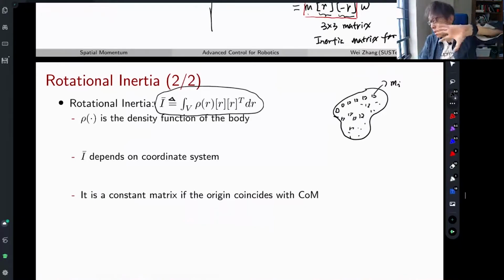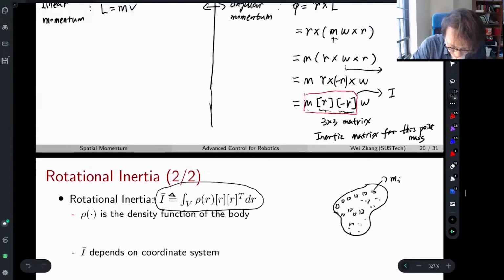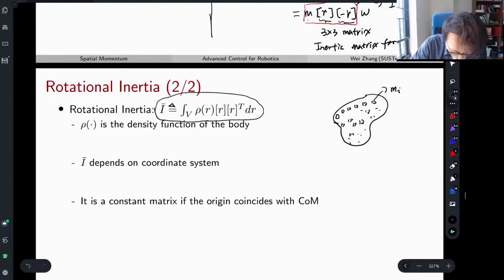The bottom line is the following. If you only consider rotation motion, all of those points have the same angular velocity. So omega doesn't change, because omega is a parameterization for representing the rotation velocity. For all the points, the linear velocity is omega cross that point's position, and omega is the same for everything on the body. So overall, I can also derive it, by the way.